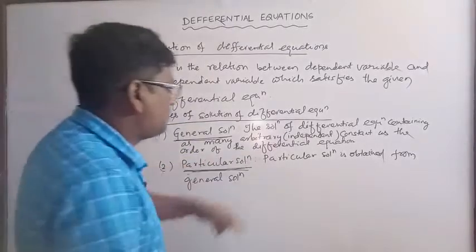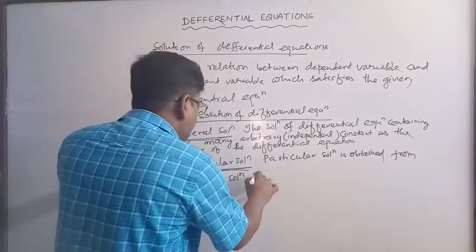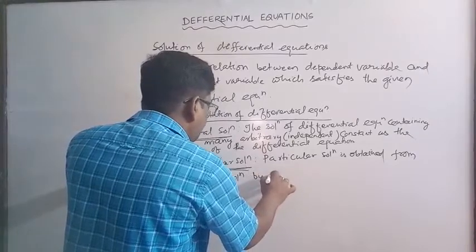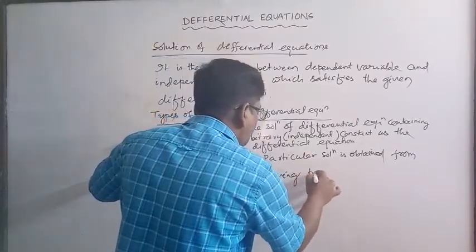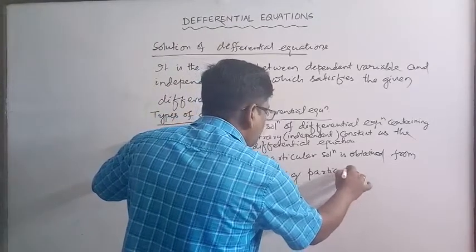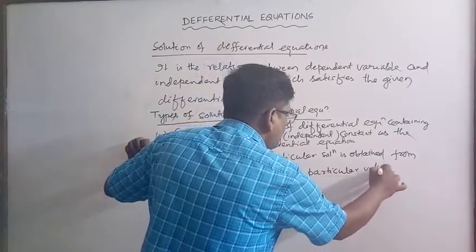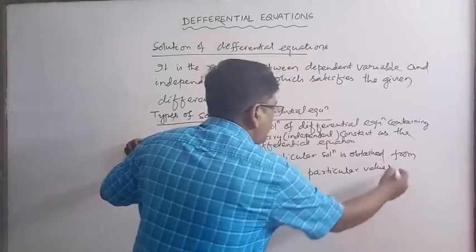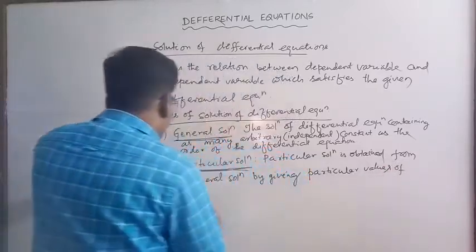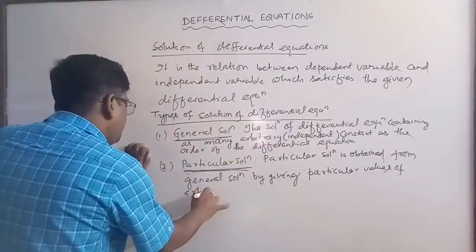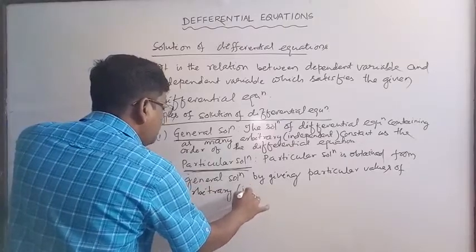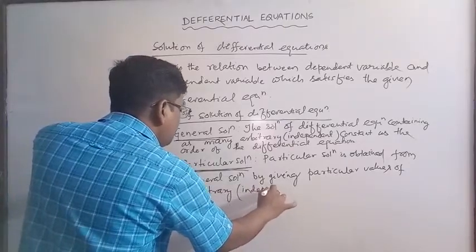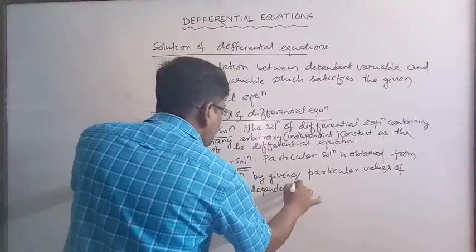Particular solution is obtained from general solution by giving particular values of arbitrary or independent constants.